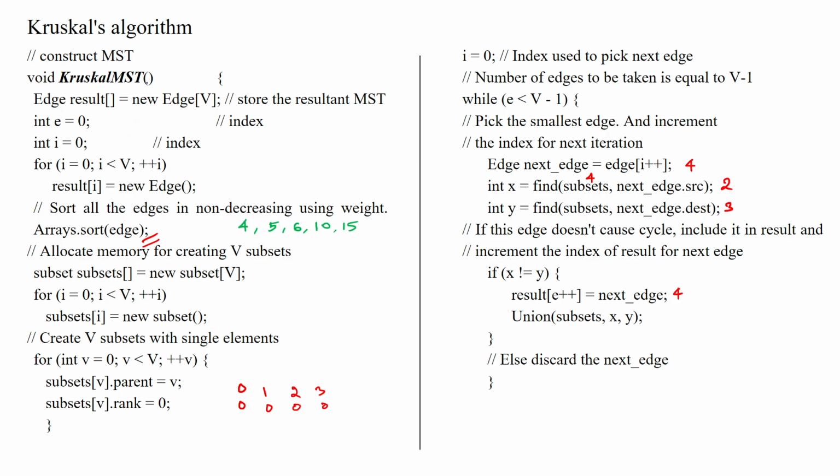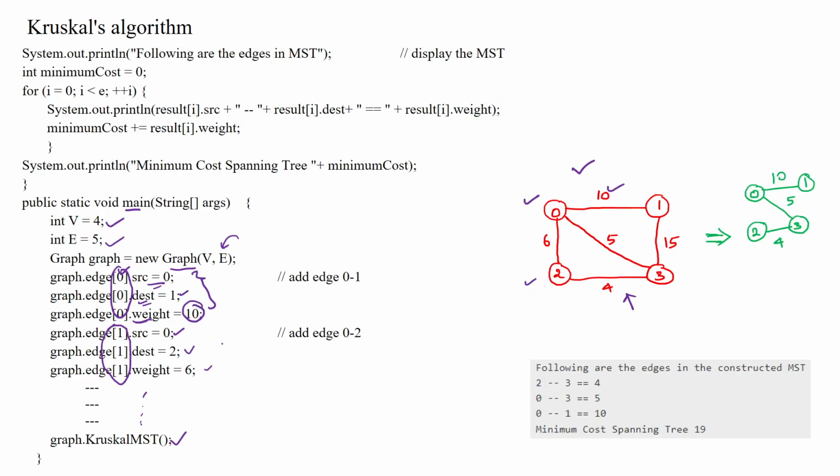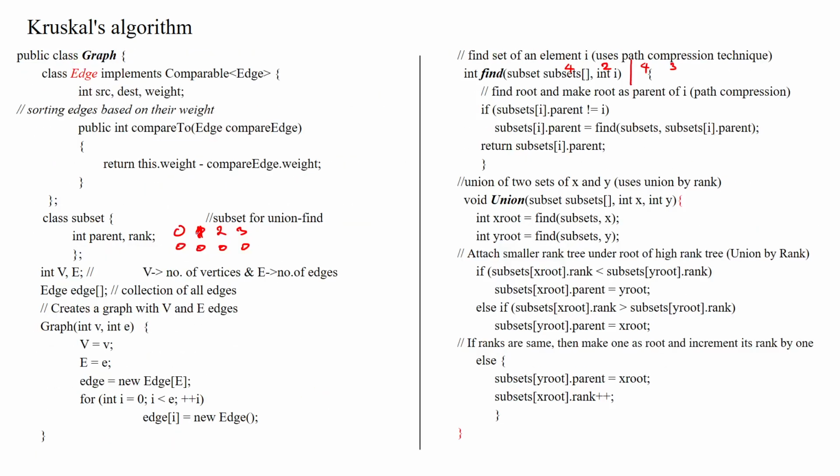Before going to the minimum spanning tree, we have the graph class. The graph class defines the class Edge, which implements the comparison of two edges to select the minimum edge. To select the minimum edge we pass the source vertex, destination vertex and respective edge weight.